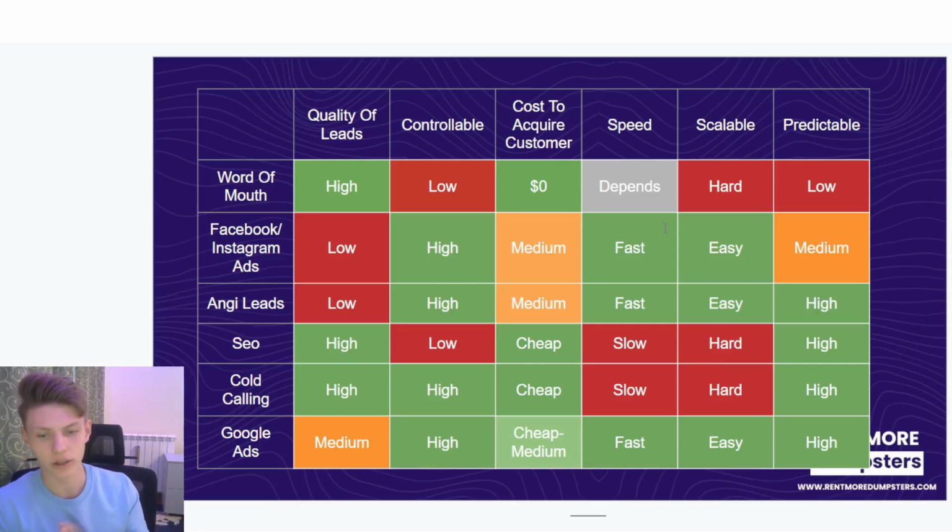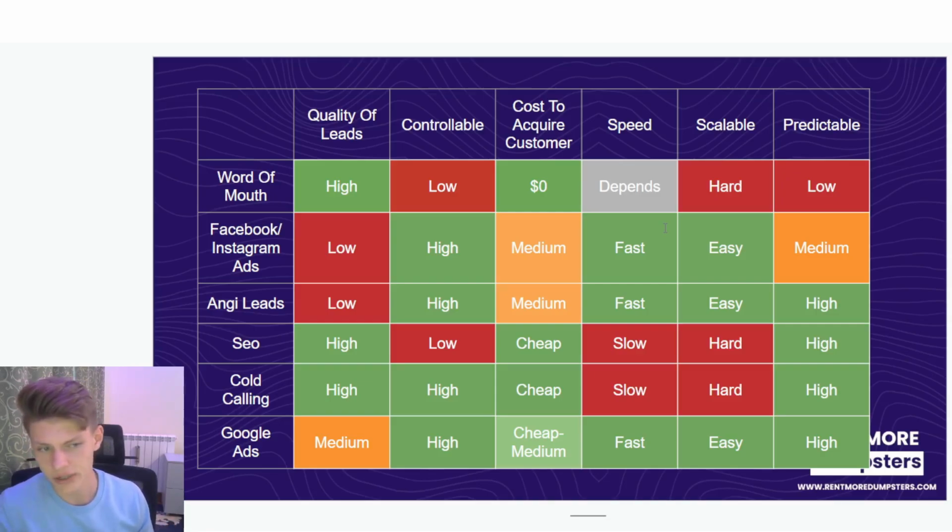When it comes to the long term, when you already have a good and steady dumpster rental business, and if you cannot scale your Google Ads, meaning you don't know how to do Google Ads as well as possible, you maybe would go to SEO or maybe cold calling.